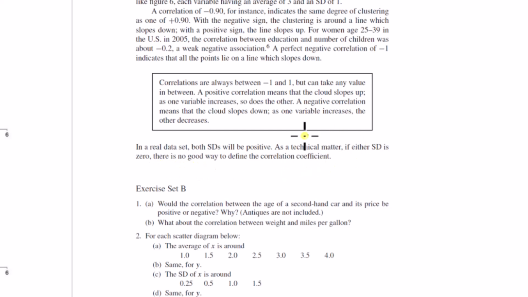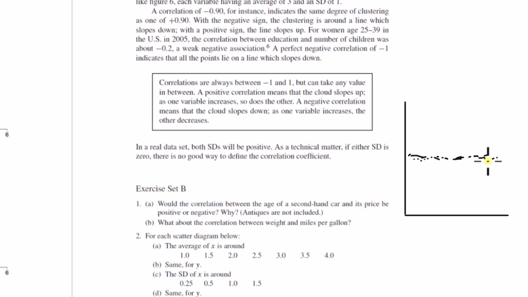What they're saying here is that in a real data set, both standard deviations will be positive in general. But if either standard deviation is 0, that's an issue. If you have a standard deviation of 0, let's say in the vertical direction, then all the data points are going to be on a horizontal line because there's no spread. Does that mean it has a perfect correlation coefficient?